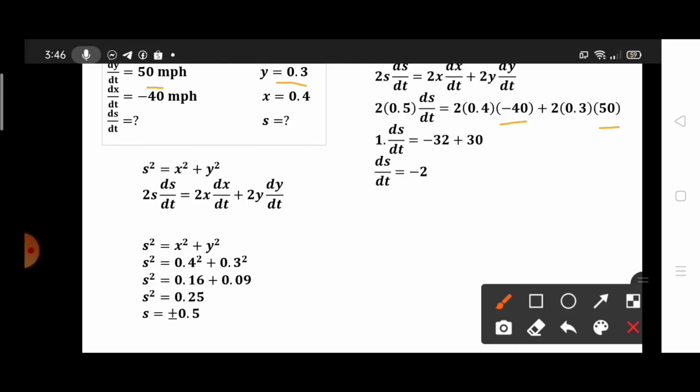So we now have 1 times ds/dt, because 2 times 0.5 is 1. ds/dt equals negative 32 plus 30. Therefore, ds/dt equals negative 2. This negative answer means that the distance s is decreasing.